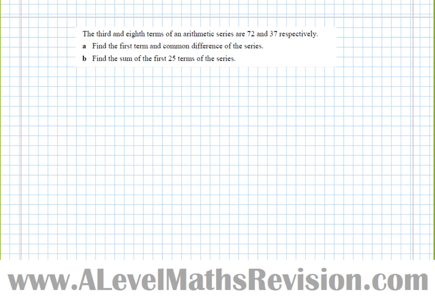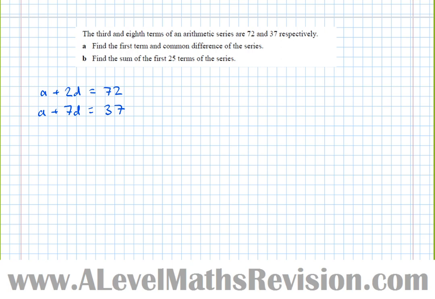So the third term, well, the formula for the third term is a plus 2 lots of the difference, a plus (n minus 1)d, where n here is 3. So the third term, a plus 2d, equals 72. And the eighth term, a plus 7d, is 37.